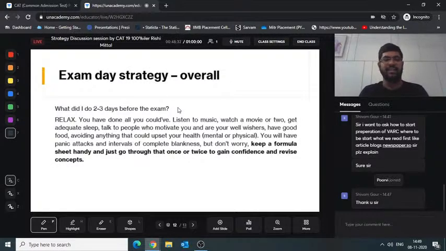I had kept formulas even like (a+b) the whole square equals a square plus 2ab plus b square. So when I go through that formula sheet, I have the confidence that yes, this is a very comprehensive sheet and I know all of these formulas. That sheet is less for you to revise, but more for you to have confidence that yes, you can do it. Because now is the time you need confidence more than anything.